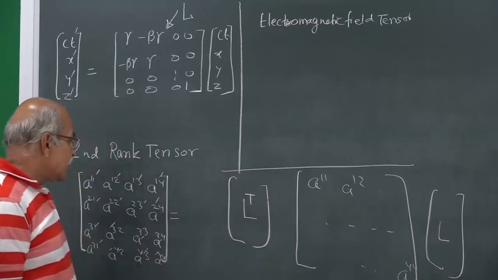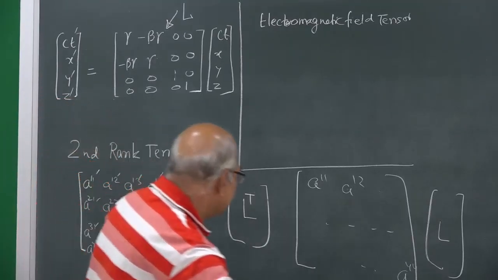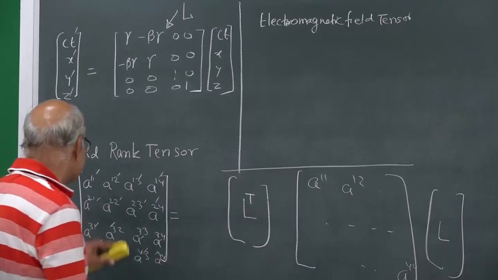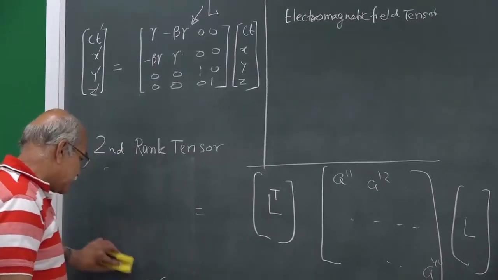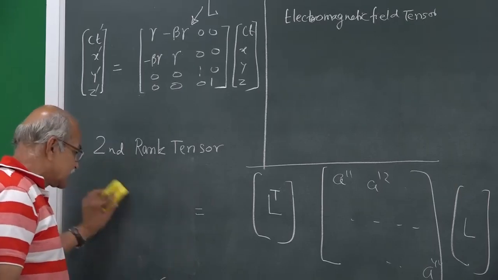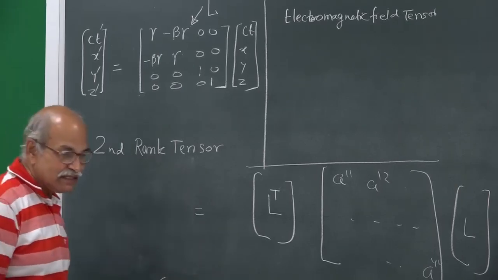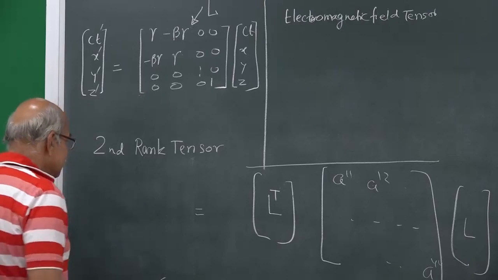And how do I write that? Let me write it here. The 16 components are created out of these 6 quantities Ex, Ey, Ez and Bx, By, Bz in the following fashion.